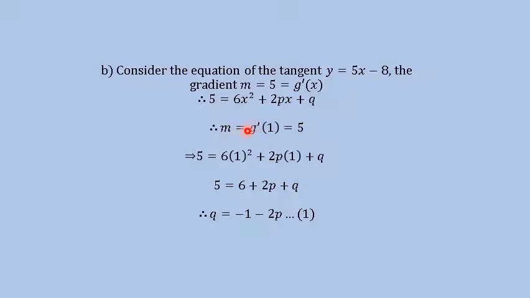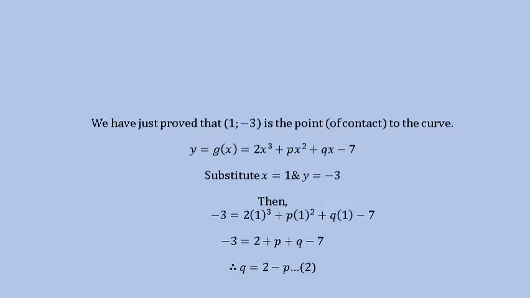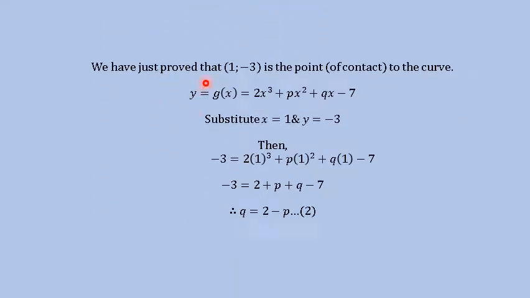Therefore m equals g prime of 1 equals 5. It implies 5 equals 6 into 1 squared plus 2p into 1 plus q. And then we remove the brackets, we're going to get this, and therefore we'll have q equals negative 1 minus 2p, and this is equation 1. We have just proved that the point 1 and negative 3 is the point of contact to the curve.